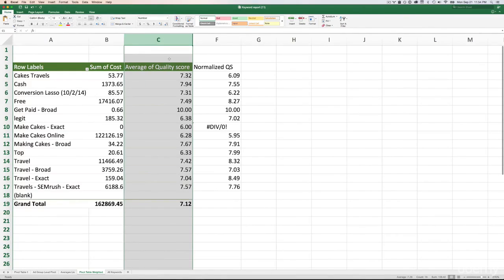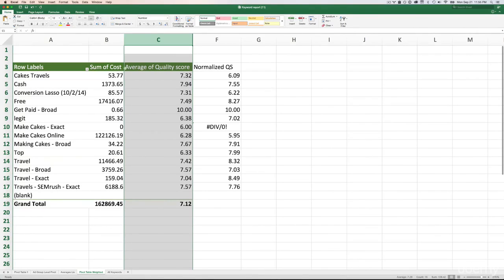Our average quality score could lie because it's not taking into account how weighted the specific keywords in each ad group are, as we saw in that example of those 2 keywords where we had the 20,000 impressions with a 4 quality score and 5 impressions with a 10 quality score, where our average would have been a 7, right? Our straight average would have been a 7, but taking into account the heavily weighted keyword with 20,000 impressions, just a 4 quality score, we actually would have had a normalized quality score closer to a 4.